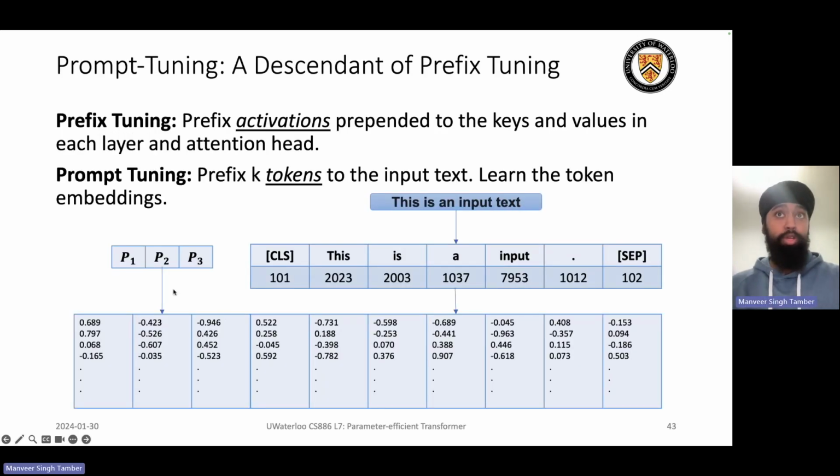Now I get into prompt tuning, which is a descendant of prefix tuning. Where in prefix tuning we were prefixing activations appended to the keys and values in each layer and each attention head, in prompt tuning we prefix k tokens to the input text, and then we just learn the token embeddings. I'm assuming we're all familiar with tokenization, but here is an example where we have this as an input text.